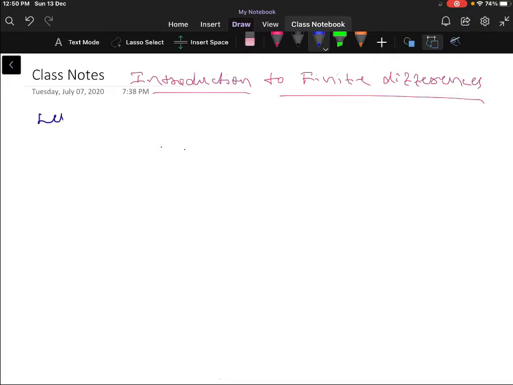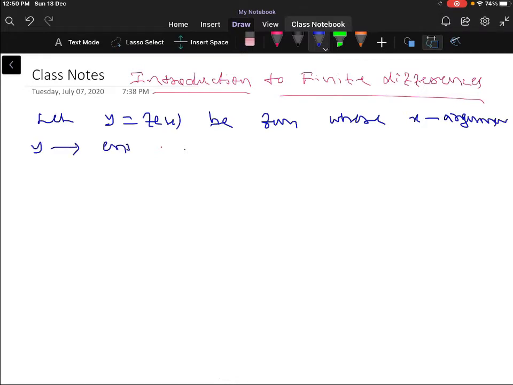Let y is equal to f of x be a function, where x is known as arguments and y is called entries.